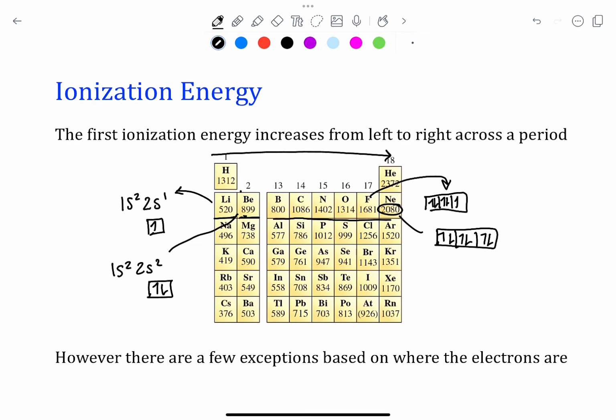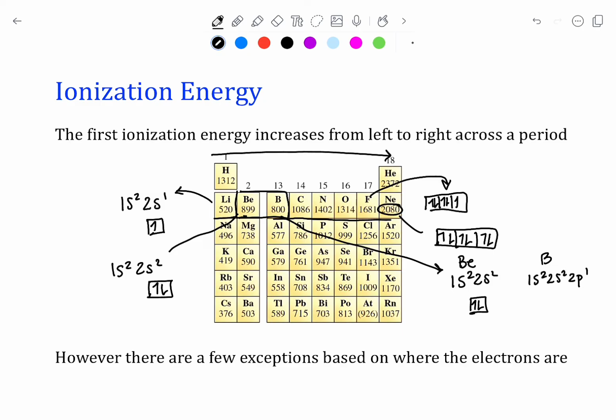So if we look at beryllium and boron, I'm going to pull these over here. So we said beryllium is 1s2, 2s2, so its valence shell has those 2 electrons, so that's beryllium. If we do boron, we have 1s2, 2s2, 2p1. So its valence shell is now a 2s and a 2p. Okay, but there's only one electron in that 2p.